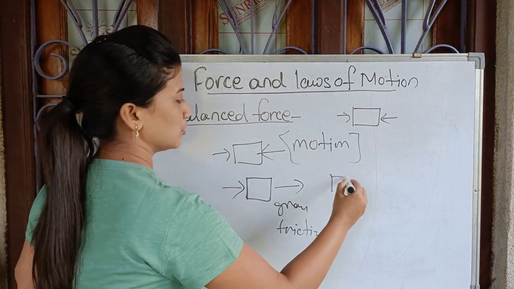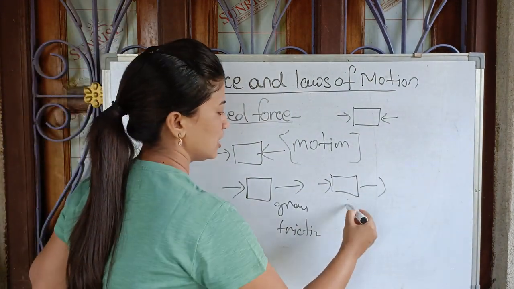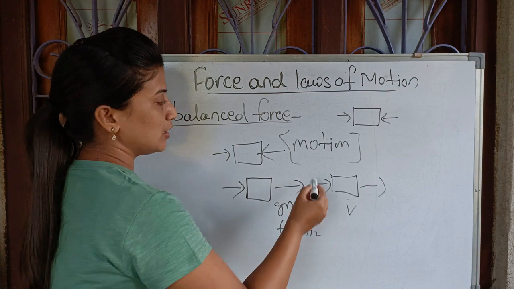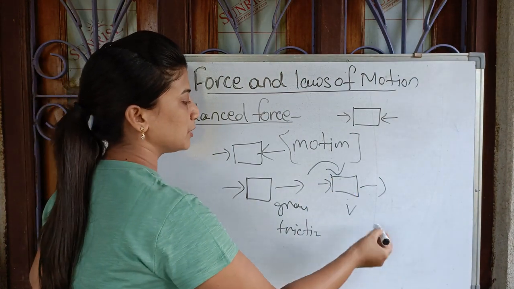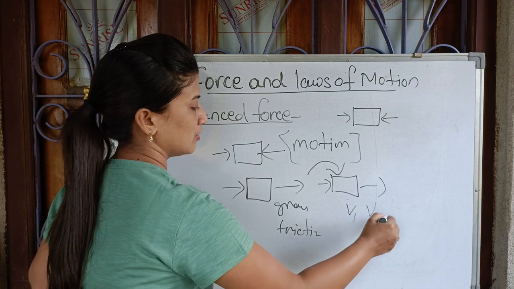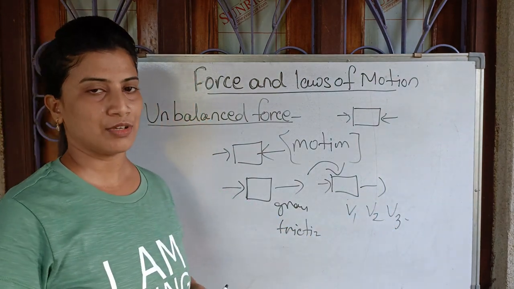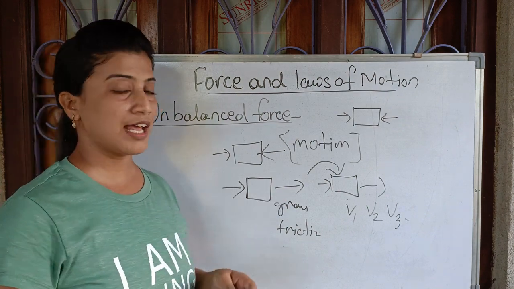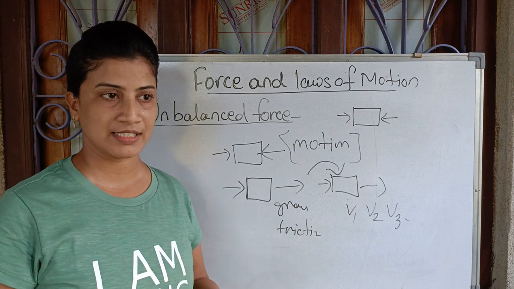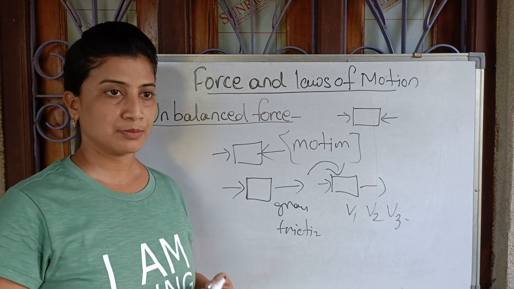Similarly, just imagine a vehicle moving with a constant velocity v. And suddenly we applied some force on that body and the body starts moving with increasing velocity v1, v2, v3, like this. Means the body will start developing an acceleration. In that case we can say the force is unbalanced. It is not getting balanced. It is unbalanced force, means the force we are applying is more.